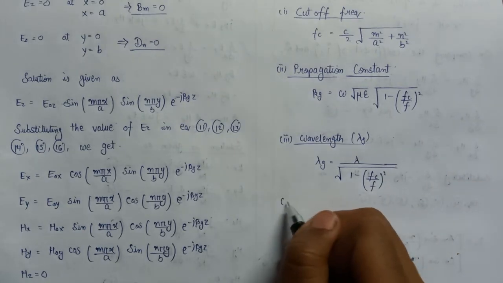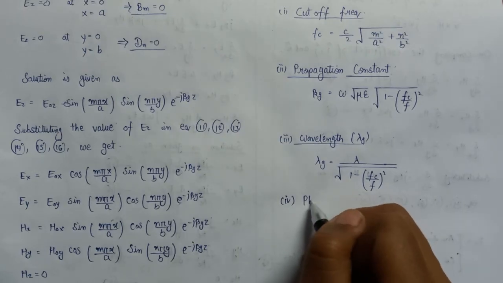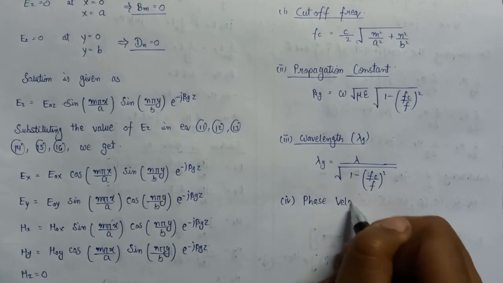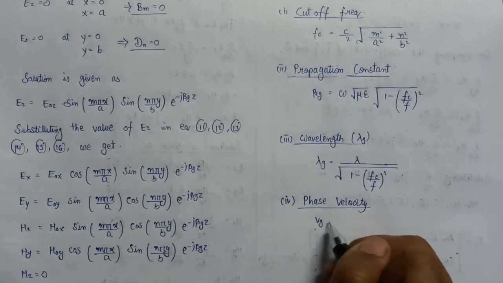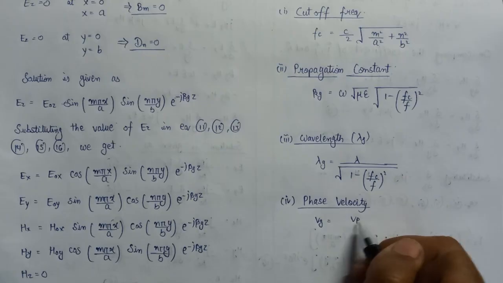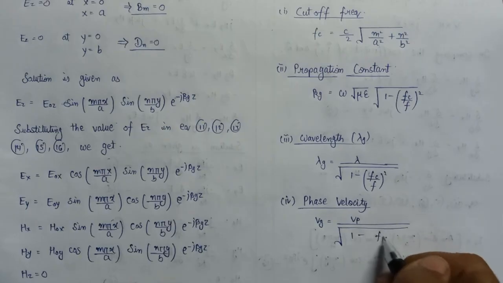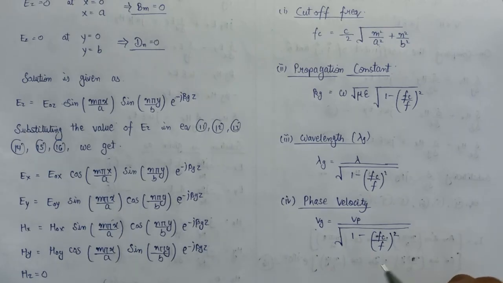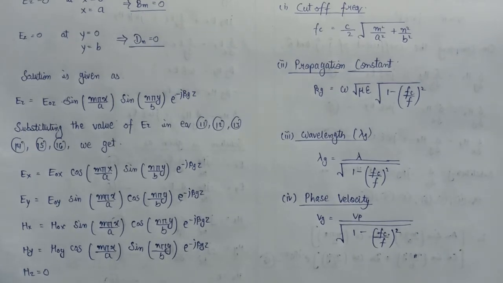And finally, the last parameter associated with TM mode is phase velocity, denoted by Vg, which is equal to Vp over under the root 1 minus Fc over F whole square. So these are the solutions for the 6 components associated with transverse magnetic mode and also the parameters associated with TM mode. So this is all about the TM mode.